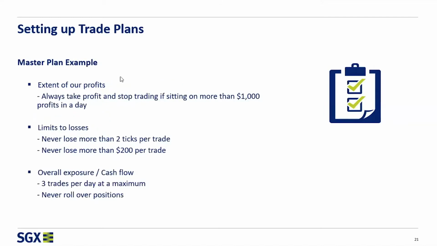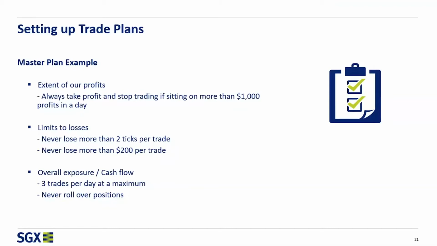So like I said, the extent of our profits, with the previous example, we can say that I'm risking 200 to make $500, but sometimes as humans, we get a bit greedy. So we say that, hey, maybe I can make more than $500. But of course, we have to tell ourselves that we have to take profit at a certain time.